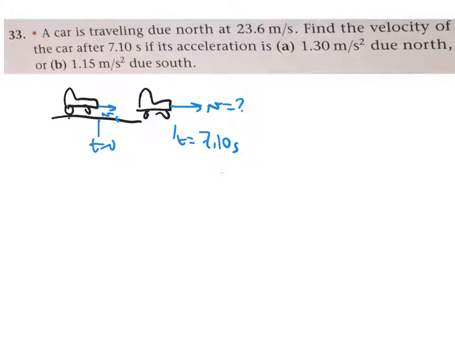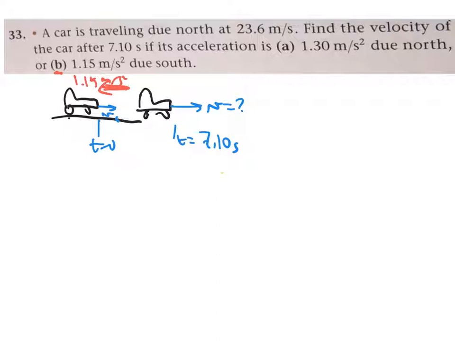So in this case now, for part B, we have an acceleration which is south, so it points opposite to the motion, and has magnitude 1.15 meters per second squared, and that will show up by saying that our acceleration is negative.